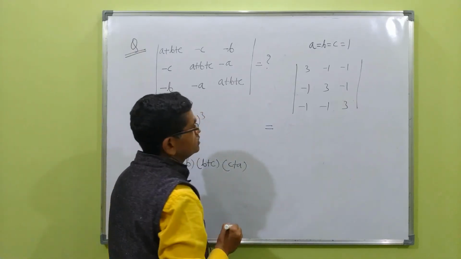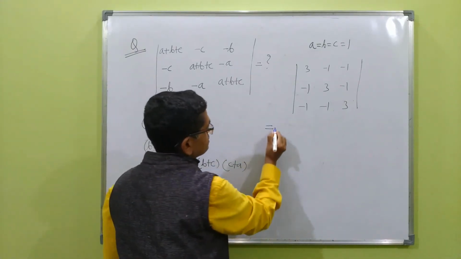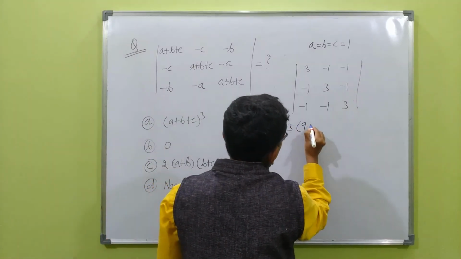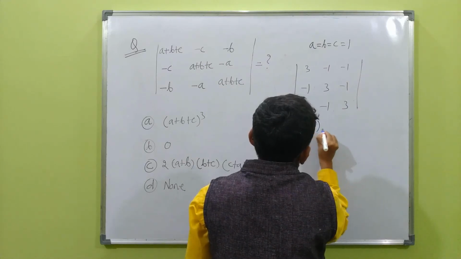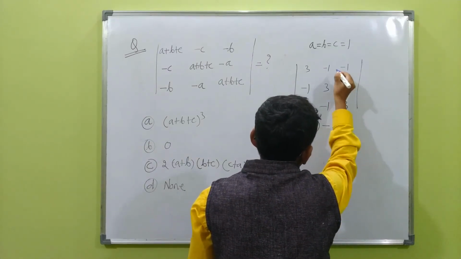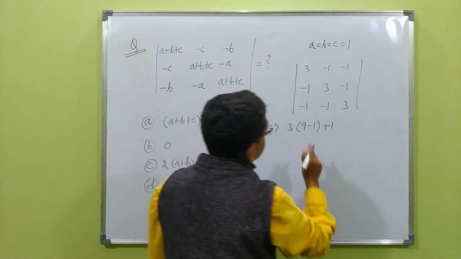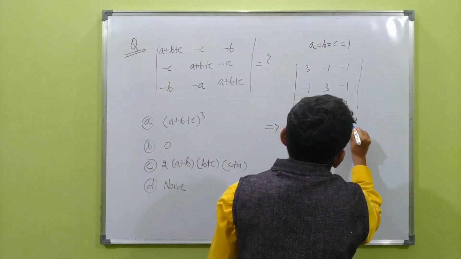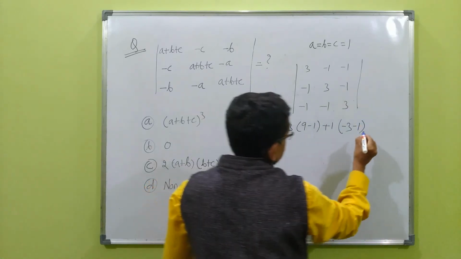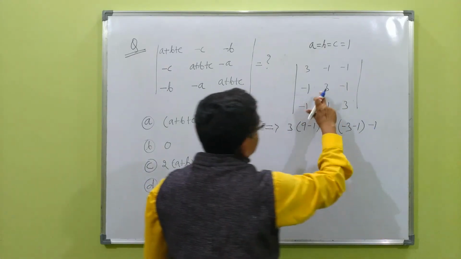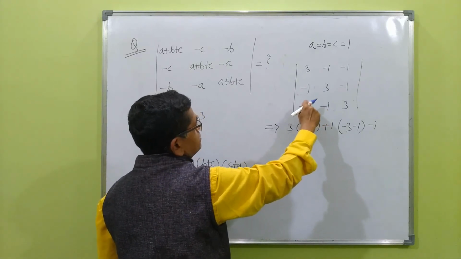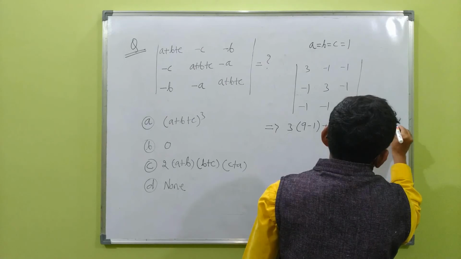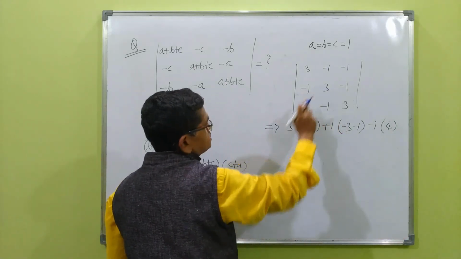The value of this determinant becomes 3 into 9 minus 1, minus into minus plus 1 3, minus 3 minus 1, minus 1 into plus 1 plus 3, that is 4 plus 1 plus 3.